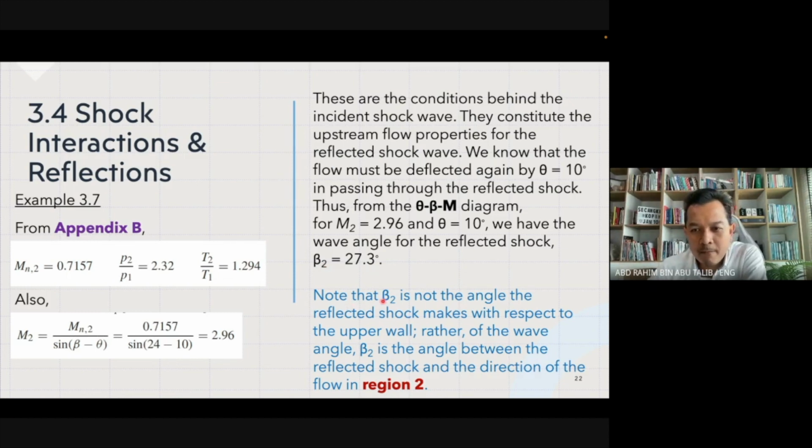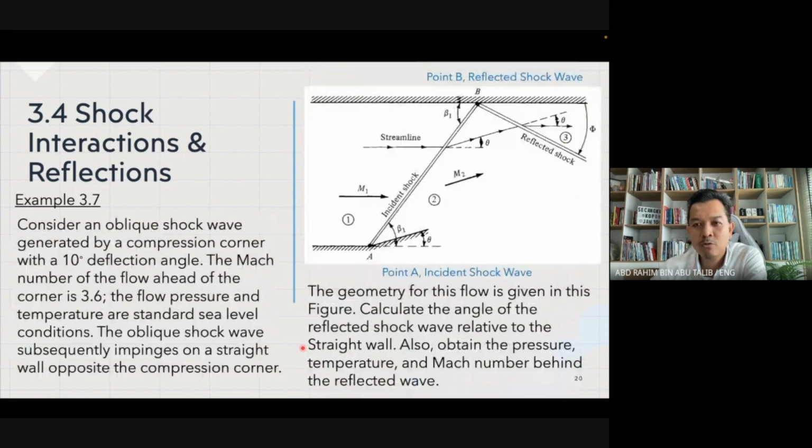Okay, note that beta 2 is not the angle of the reflected shock with respect to the upper wall. Rather, the wave angle beta 2 is the angle between the reflected shock and the direction of the flow in region 2. So basically beta 2 is not phi. Okay, so let us continue.